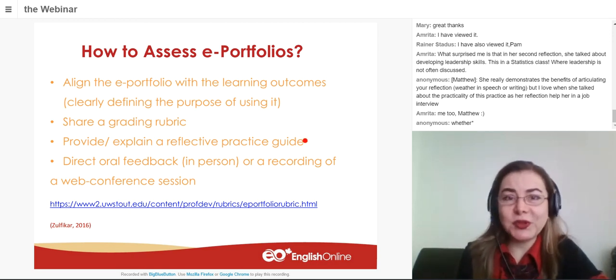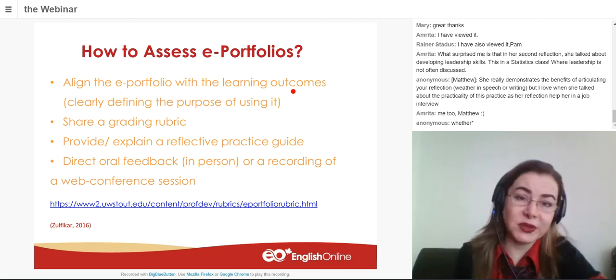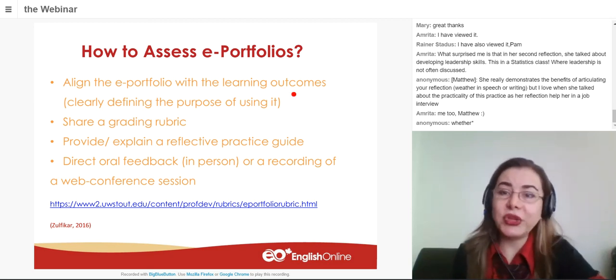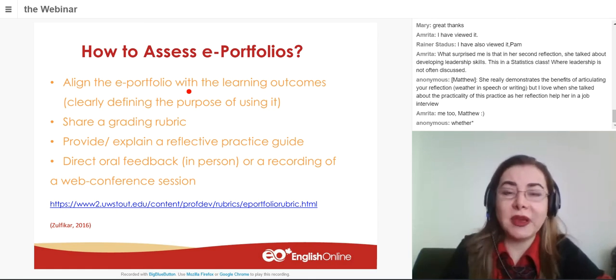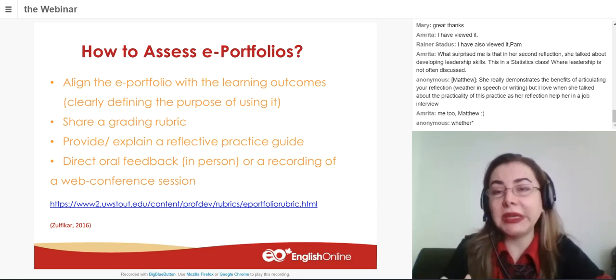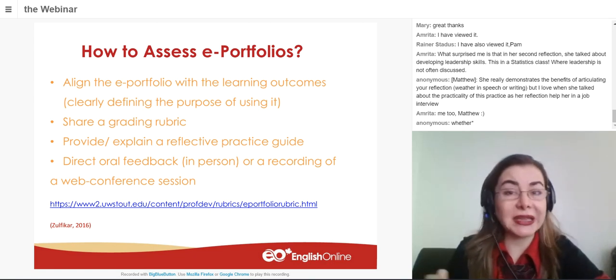So going to the assessment of e-portfolios, as we have mentioned earlier, aligning the e-portfolio with the learning outcomes is of great importance. It actually, as Amrita has mentioned, gives the e-portfolio a meaningful purpose, right? Instead of considering it as an add-on activity.